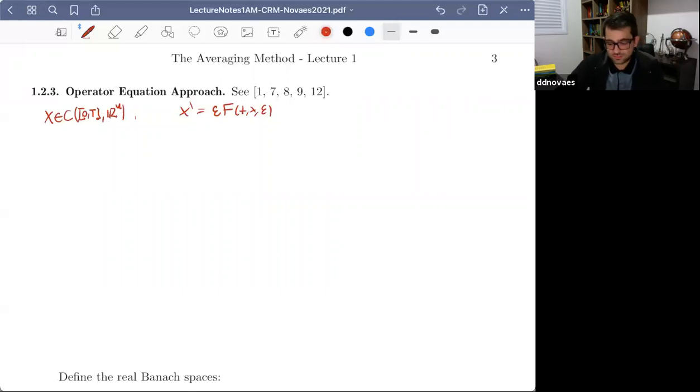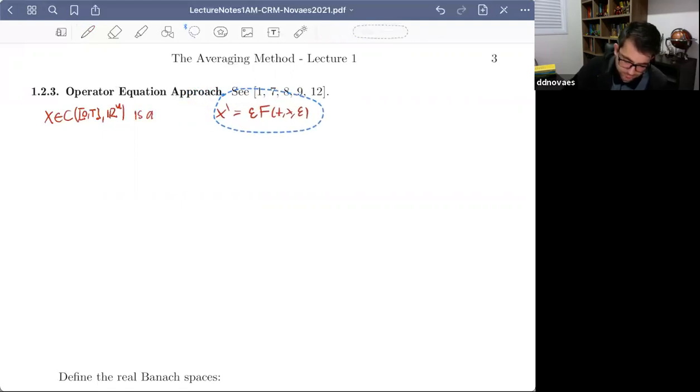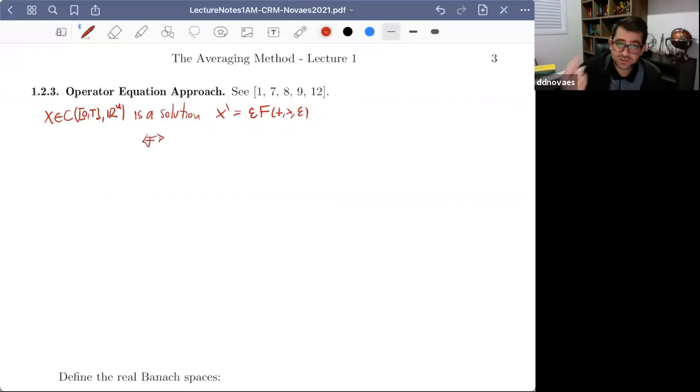if and only if it satisfies the following integral equation: x(t) equals x(0) plus the integral from 0 to t of epsilon f(s, x(s), epsilon) ds.